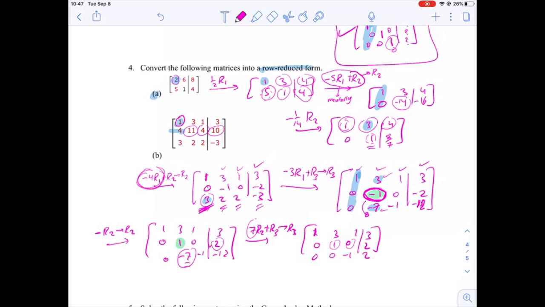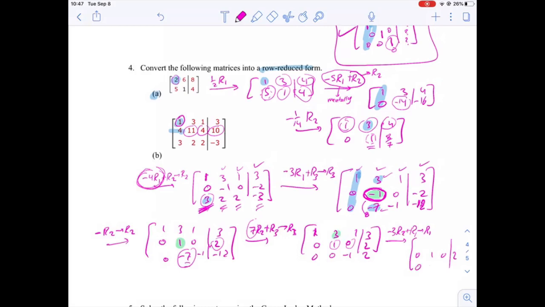Good. Now we still have a non-zero entry in that column. So we need to get rid of 3 and make it 0. So we multiply the second row by -3, the opposite of that number, and add it to row 1, and that will replace row 1. So we get 0, 1, 0. That's the second row.